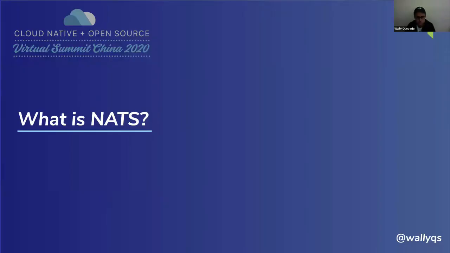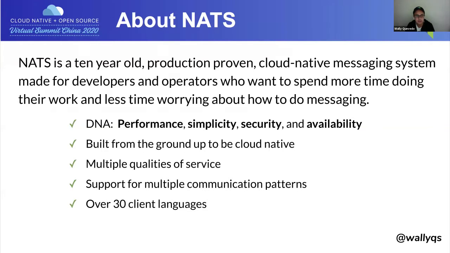So what is NATS? NATS is 10 years old this year. It's a very battle-tested, cloud-native messaging system, made for developers and operators that want to spend more time doing their work and less time worrying about how to do messaging. What distinguishes NATS is its performance, simplicity, security, and the availability trade-offs that are implicated in the design.